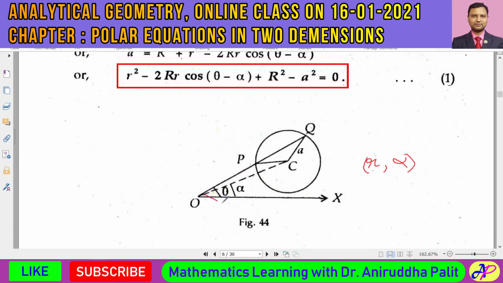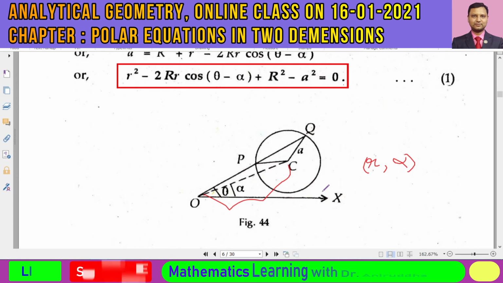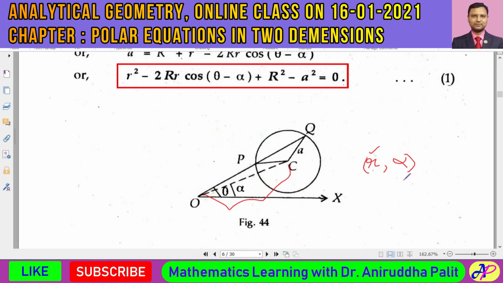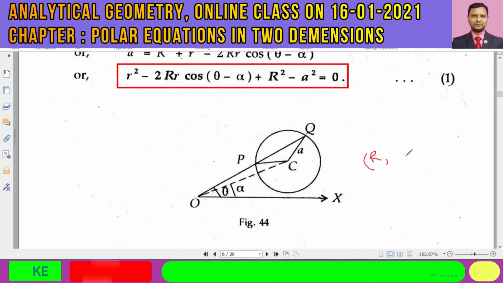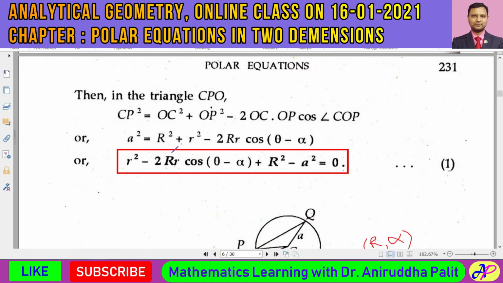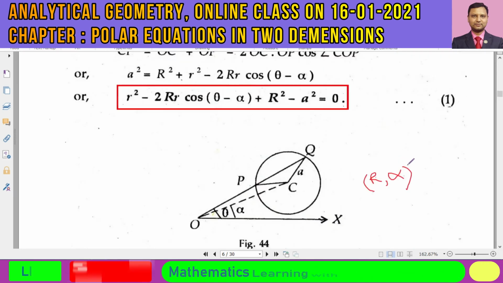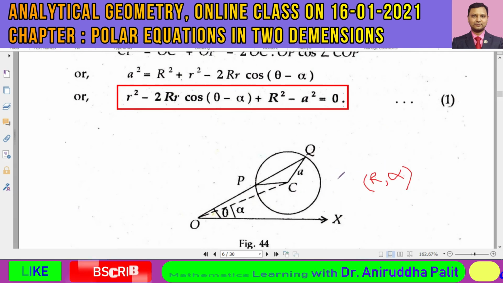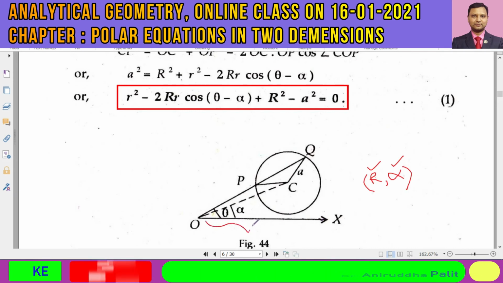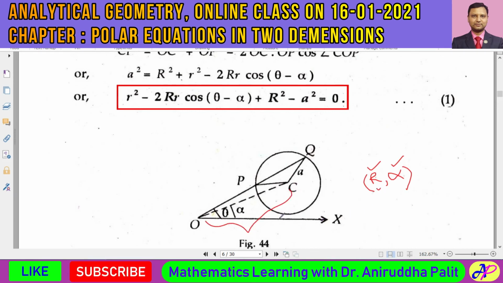So this distance from O to this point C must be equal to the radius, capital R. Small r is reserved for polar coordinates, so we consider capital R. So suppose the center has the vectorial angle alpha and the radius vector capital R. So this distance OC should be equal to the distance capital R, and this is the angle alpha, the vectorial angle of the point C.